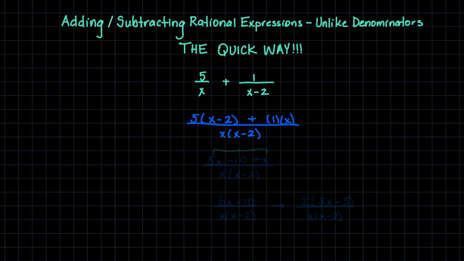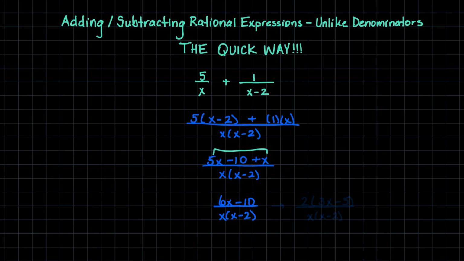Simplifying the numerator, we get 5x minus 10 plus x all over x times x minus 2. 5x and x are like terms, and they combine to 6x minus 10 all over x times x minus 2.